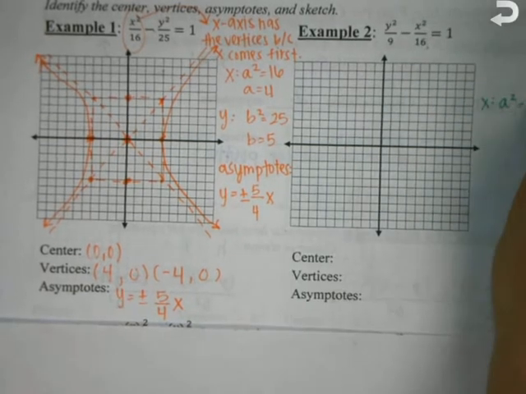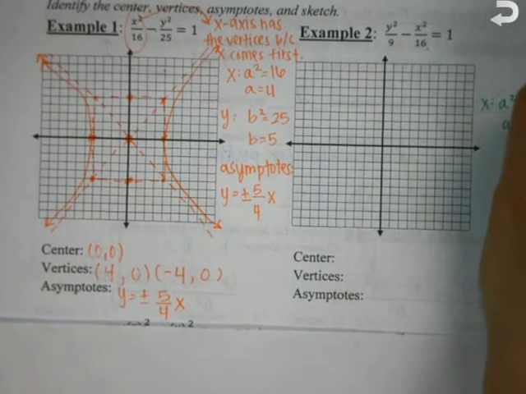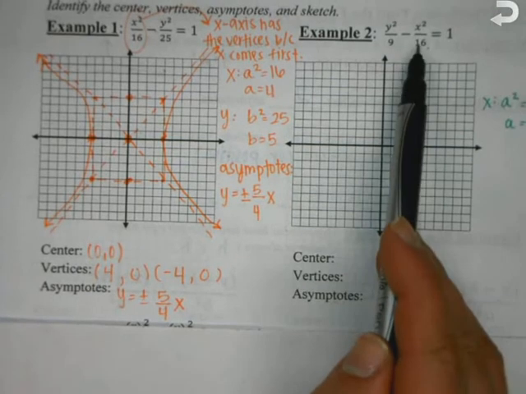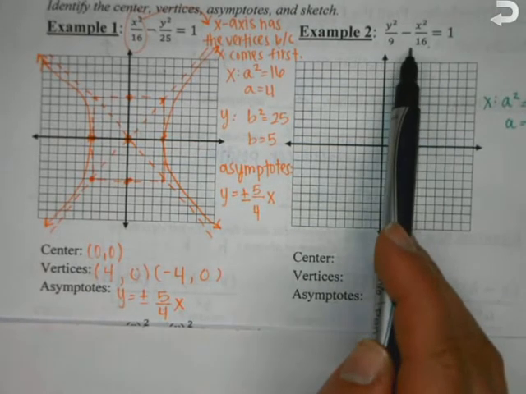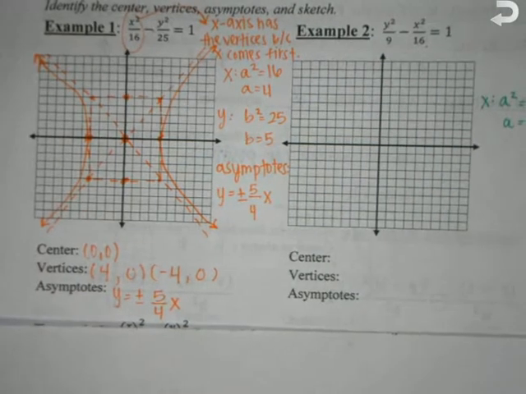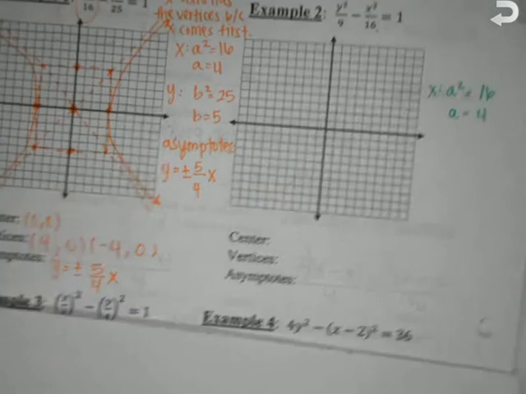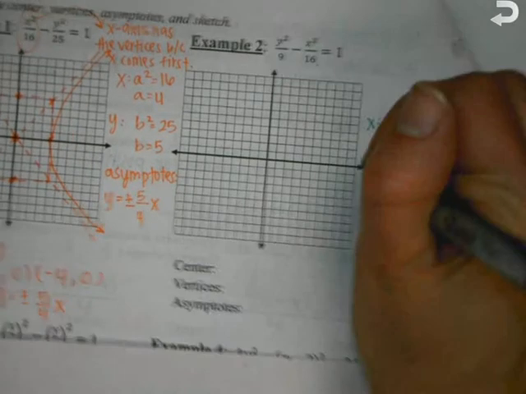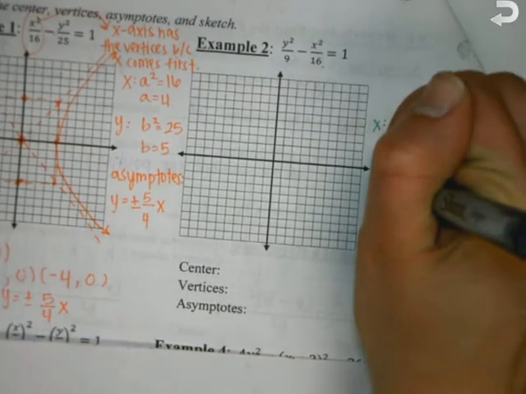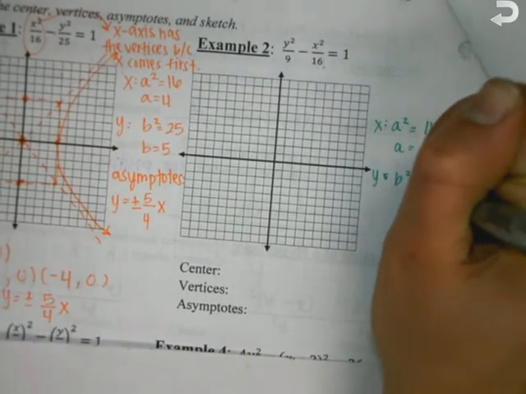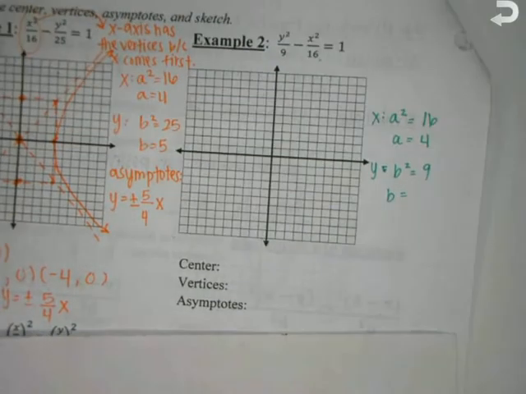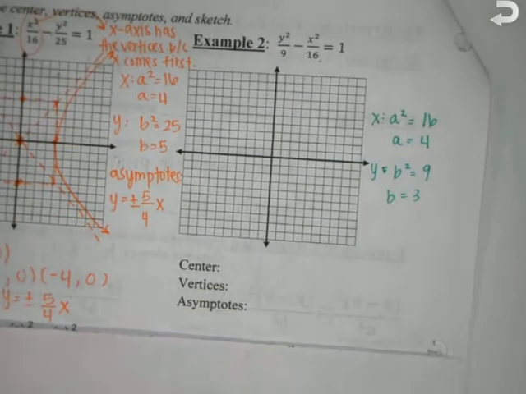Okay, so then my y's, B squared is equal to 9, so B is equal to 3. So let's graph what we know so far. Where is the center? 0, 0. Okay, 0, 0.